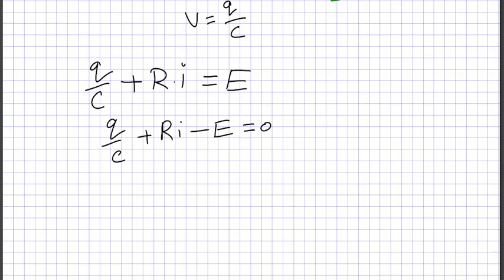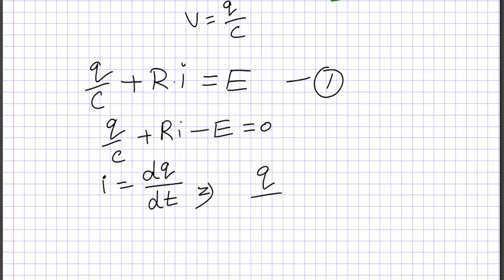Both are fine. We consider the first equation as equation 1. We know that current is nothing but rate of change of charge, dq by dt is current. Substituting this in equation 1, we get q by C plus R into dq by dt is equal to E.